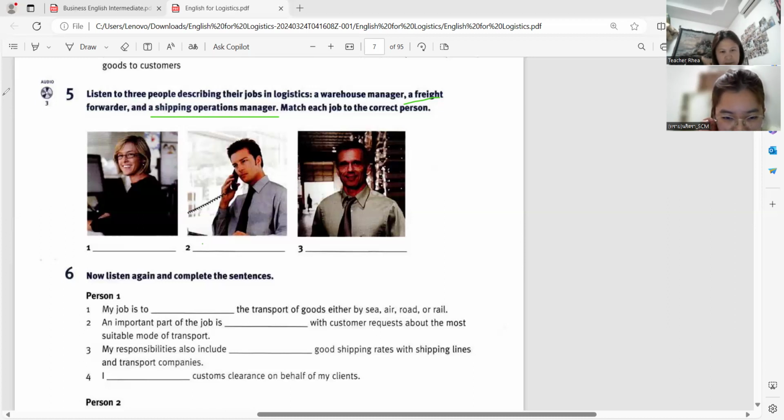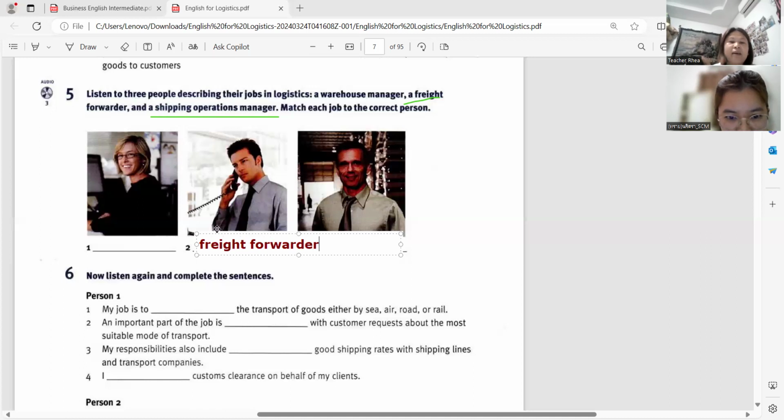Another part of my job is to liaise with departments such as transport and production. Apart from that, I ensure that vehicles, machines, and any other kind of equipment are maintained to a high level. And last but not least, I take care that health and safety standards are maintained.